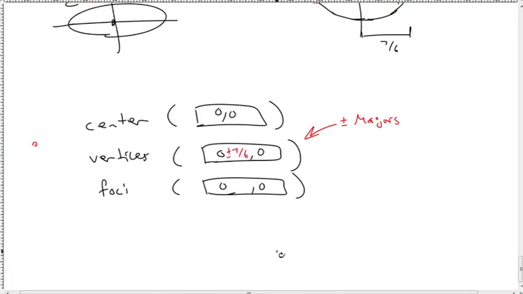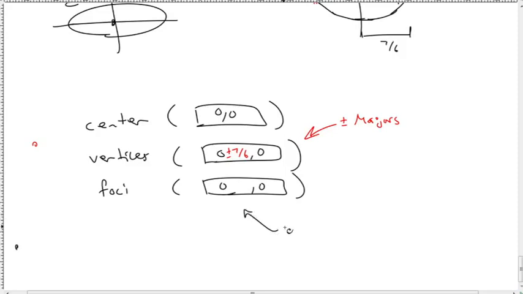Okay, so that's my vertices. That's my majors. In WebAssign, you probably have 5 boxes, not just the 3. And so you would have to put a negative 7/6 and then a positive 7/6, and then a negative this and that and a positive this and that. And so just be able to type it in correctly, understand the format that they're going to have.